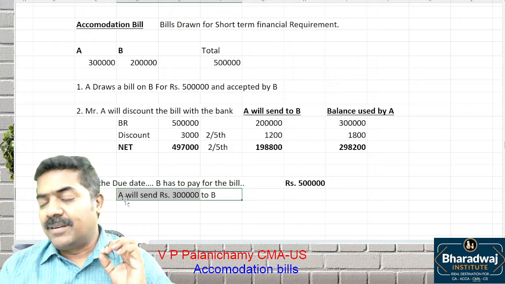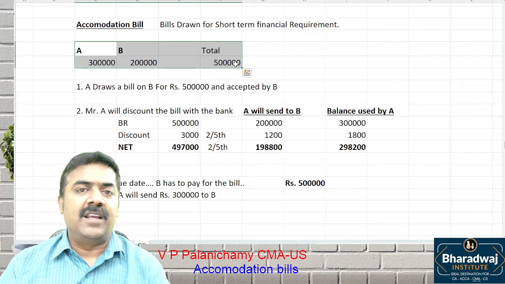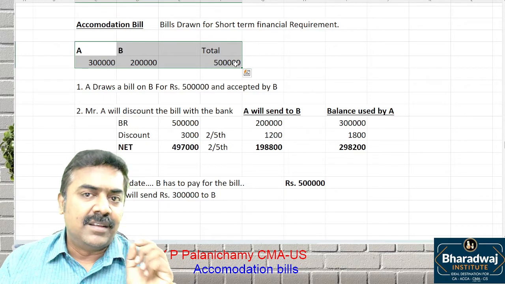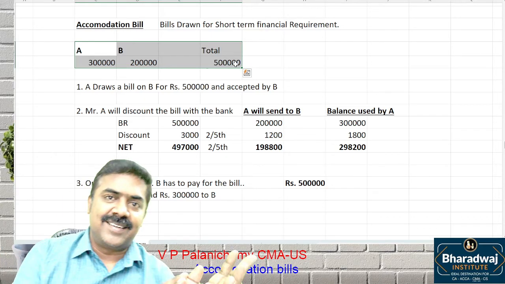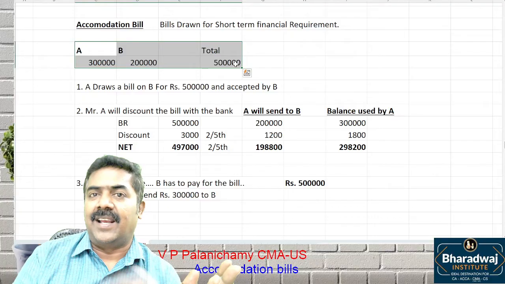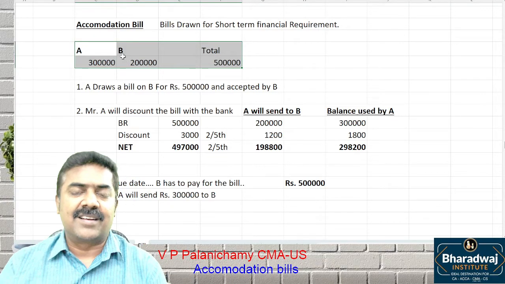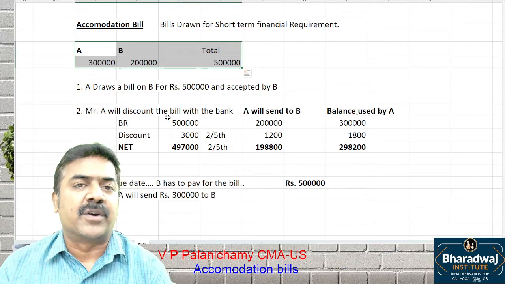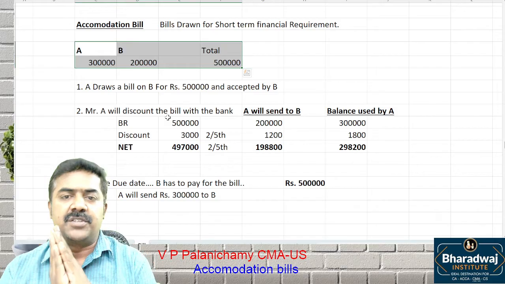Please understand, for drawing and accepting this bill, there is no prior relationship, unlike the buying and selling we saw in class, where you sell the goods and I buy the goods. That is a trade bill. Here, we draw the bill only for mutual accommodation, which means short-term financial requirement.